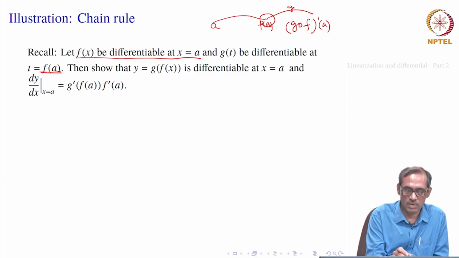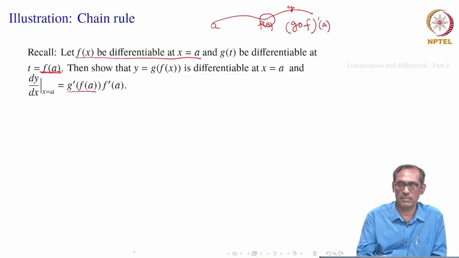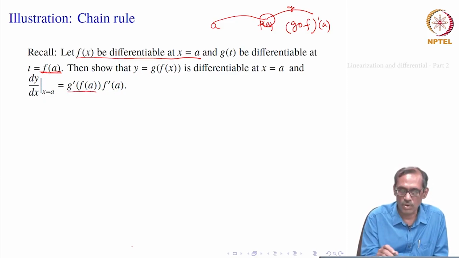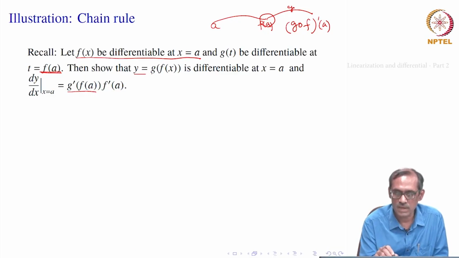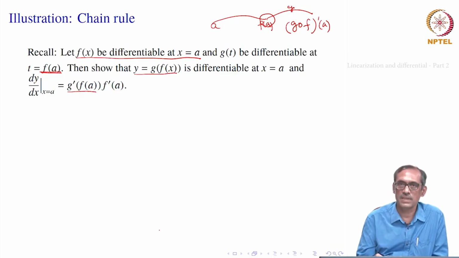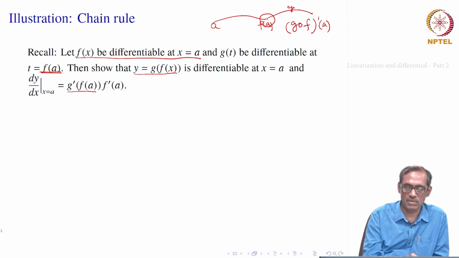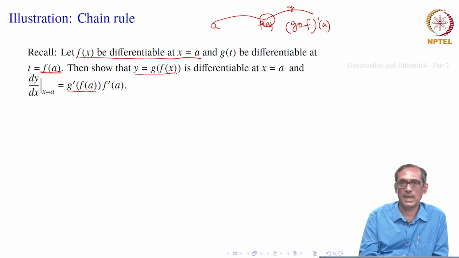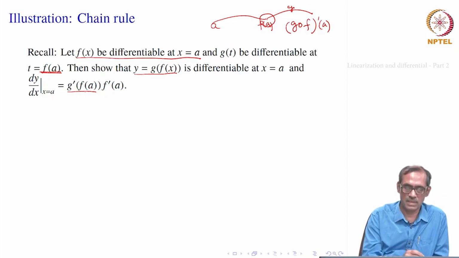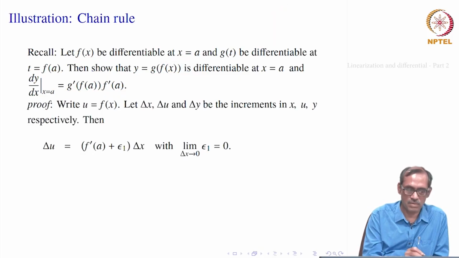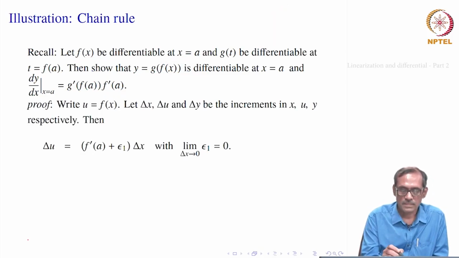As we know, it should be equal to g prime of f of a into f prime of a. So, we want to show that this new function y equal to g of f of x is differentiable at x equal to a, and its derivative at x equal to a should be g prime of f a times f prime of a. That is what the chain rule says. And here goes the proof. What do we do?